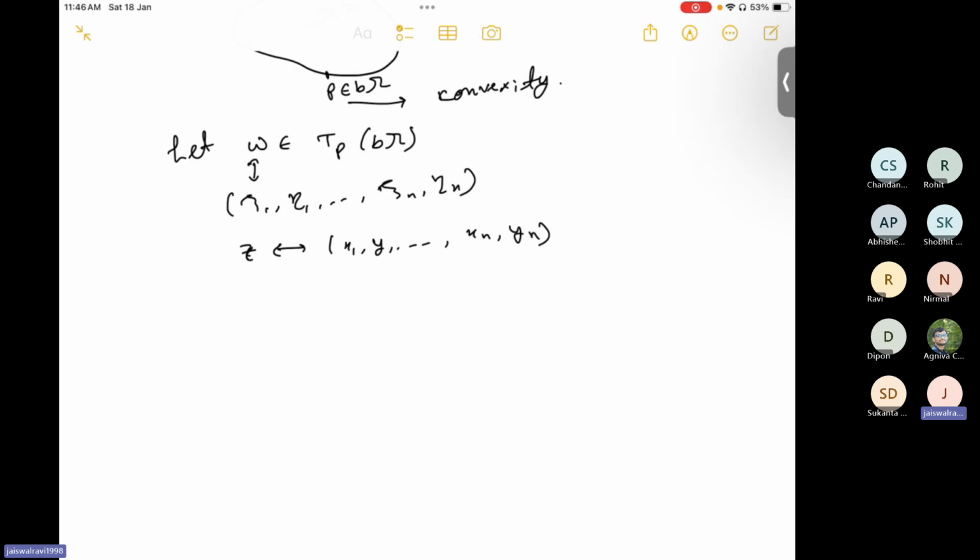So if P is a point of convexity, we can write the real Hessian in this form.